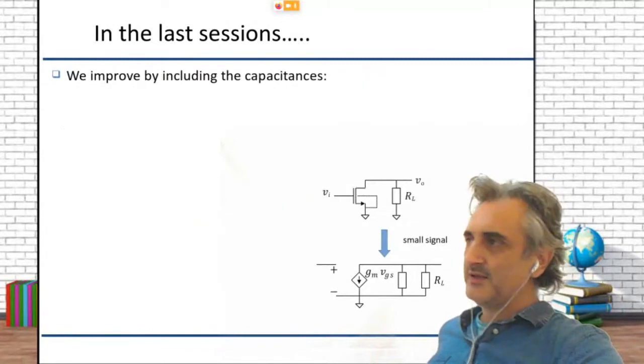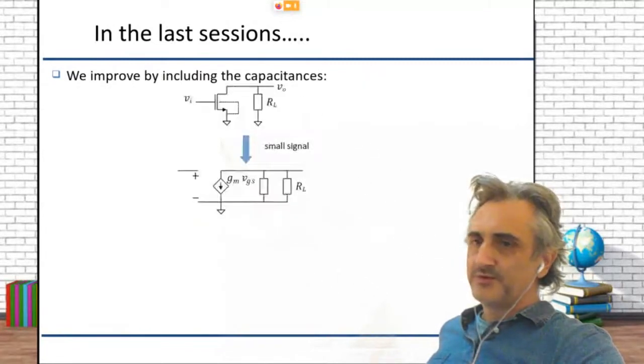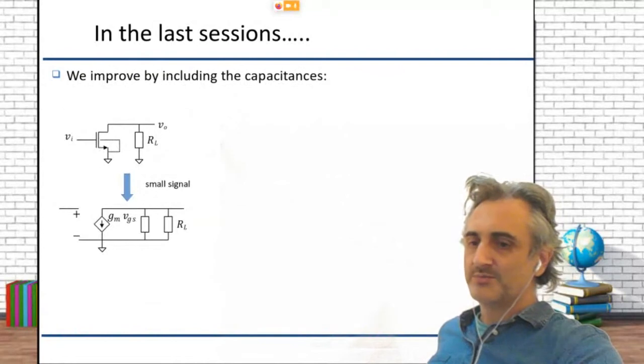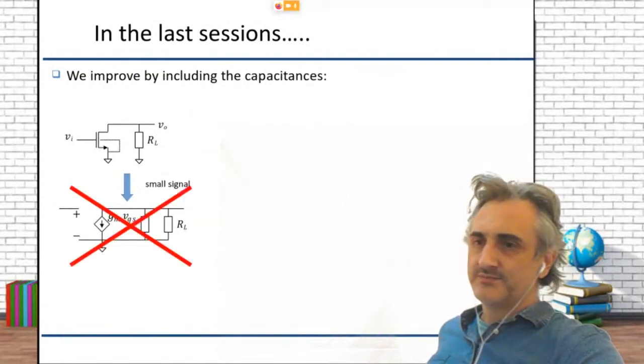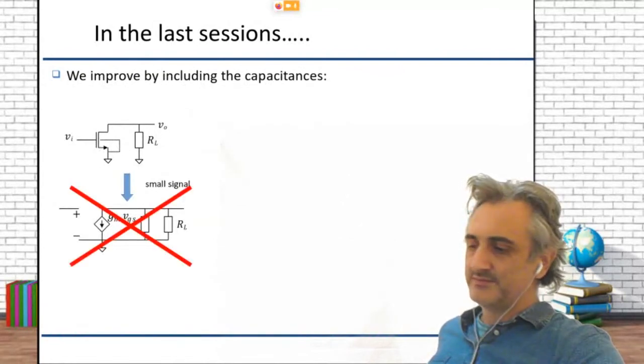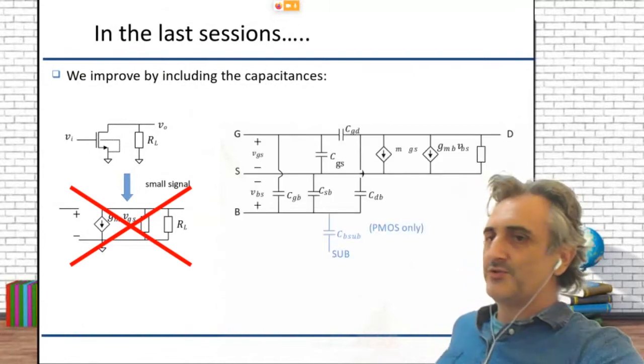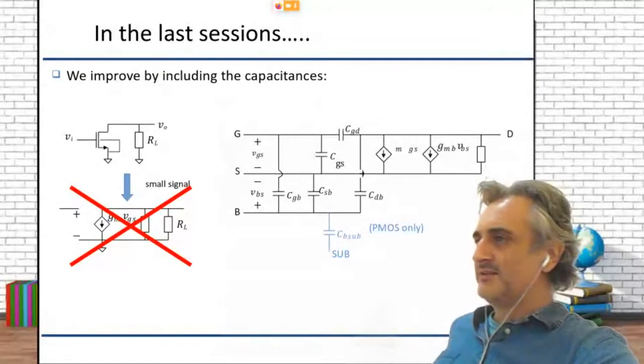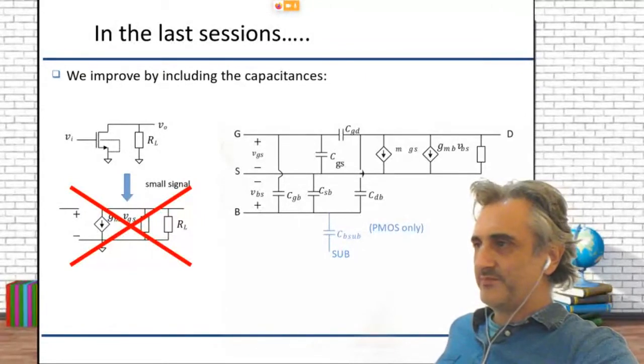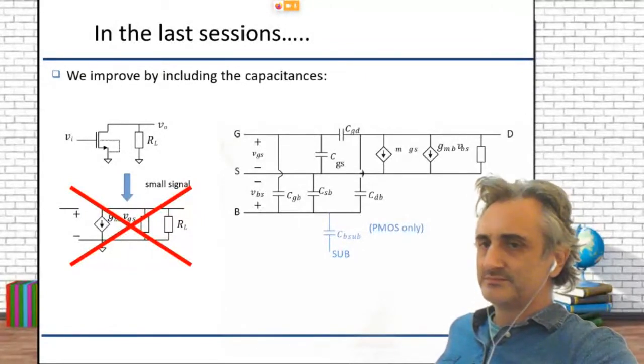And then the next day, we saw that this can be improved just by including some capacitances. We studied how the MOSFET model includes these capacitances, and we saw that the final model looks something like that. Okay?